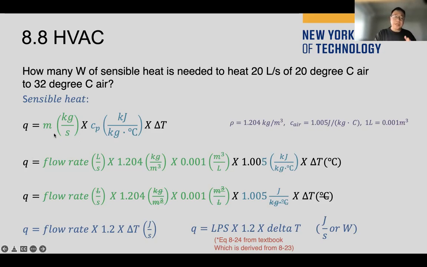So based on the question, we will have the mass flow rate times the specific heat capacity of the air, here the medium is air, and also times the temperature difference. So we have this equation.